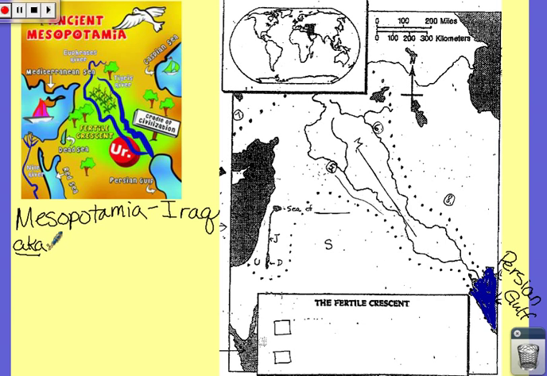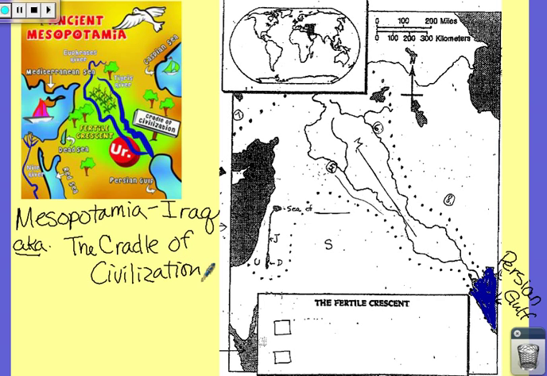Okay, so right now on that sheet of paper, the next page after your guided notes, at the bottom you're going to make some notes. Go about 3/4 of the way down, draw a line, and make some notes down there. Mesopotamia is today Iraq. It's also called the cradle of civilization.